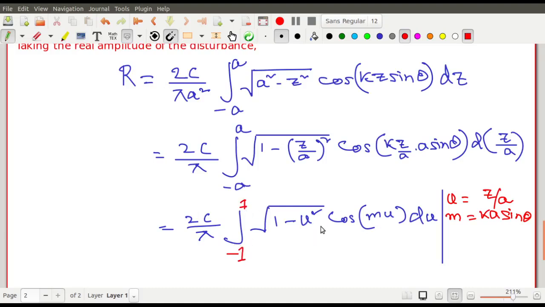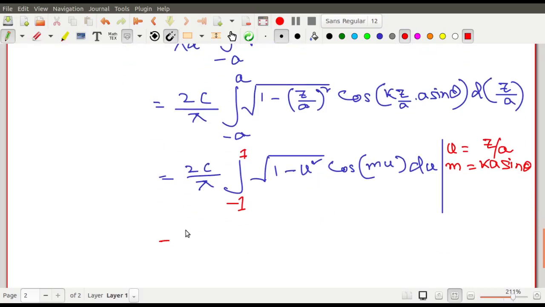Now this is the standard integral and the value of this integral is twice c by pi, don't disturb this one, the value of this integral is pi J1 m by m. এটা হচ্ছে ইন্টিগ্রালটার ভ্যালু.